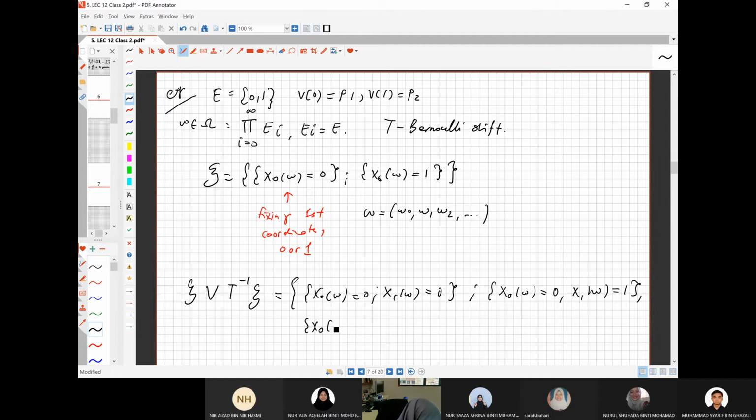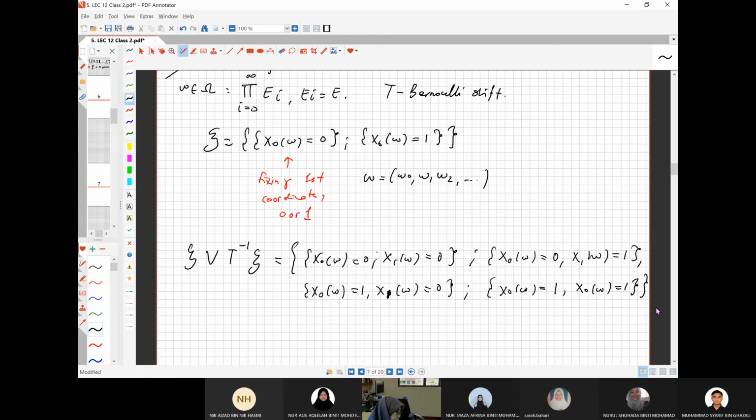Next I have x0 omega is 1, x1 omega is 0, and last one I have x0 omega is 1, x1 omega is 1. So I have 4 elements. So that means in this case I fix two coordinates. Okay, and if you go for join of 3 partitions, so you will have 8 elements and so on.